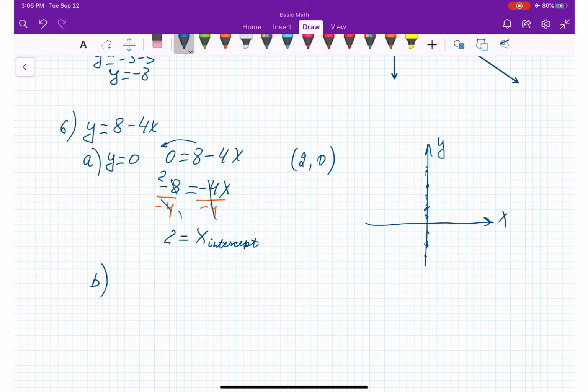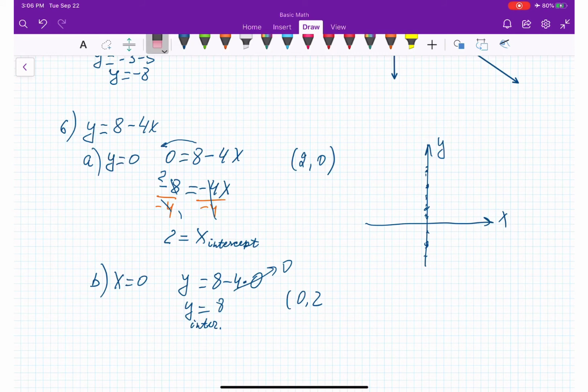So to find the y-intercept, I have to take x equal to 0. So y is equal to 8 minus 4 times 0. This is 0, and we get y is equal to 8, and that's the y-intercept. And the coordinate is going to be (0, 8).